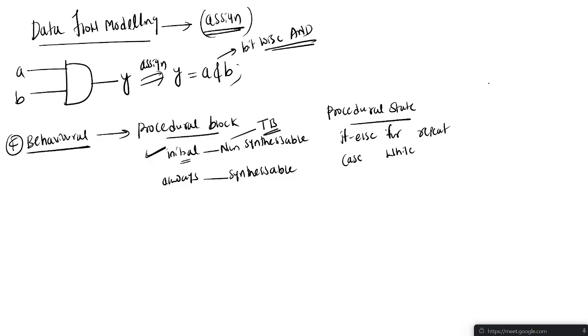And there are blocking and non-blocking assignments, which we'll also discuss. This is a blocking assignment, mostly used for combinational circuits, and this is non-blocking, mostly used for sequential circuits.